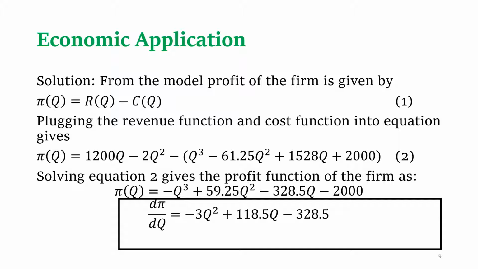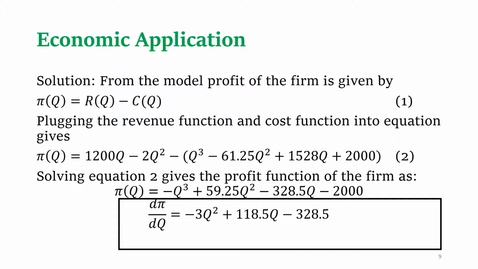And then minus times plus is minus 1528Q. And then minus 2000, right? So if we solve that, we have minus Q cubed, plus, remember we have a minus 2Q squared here, and then plus 61.25Q squared.